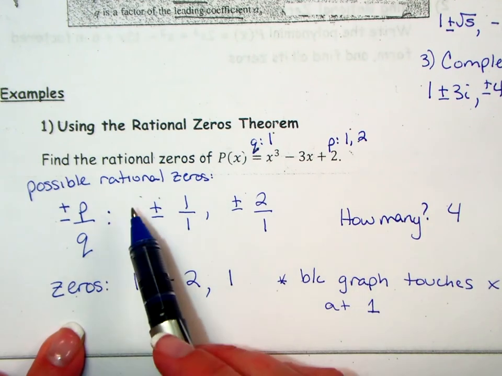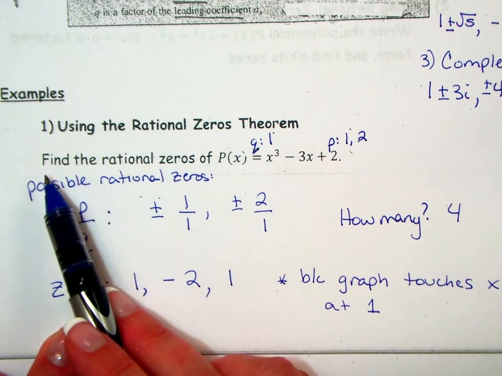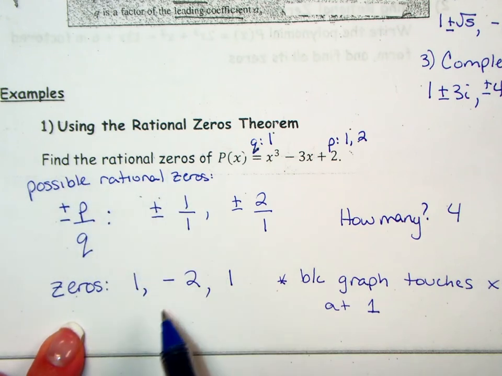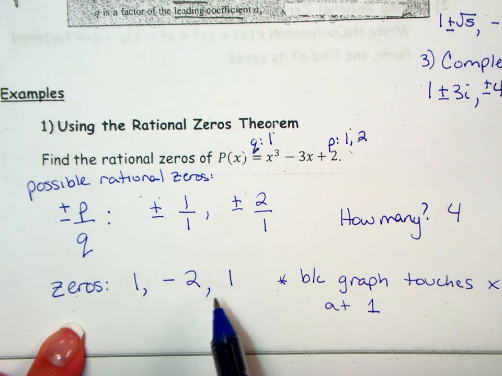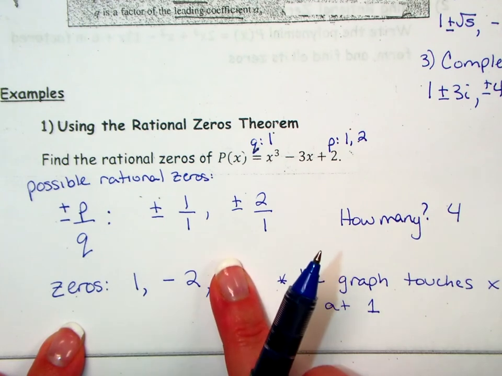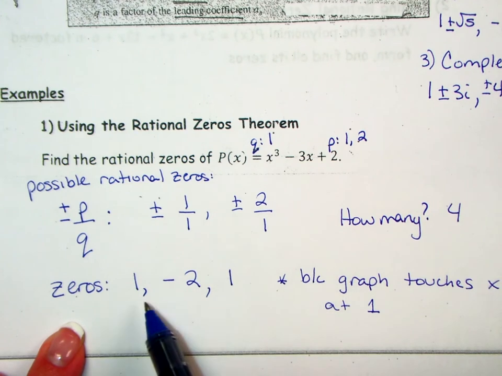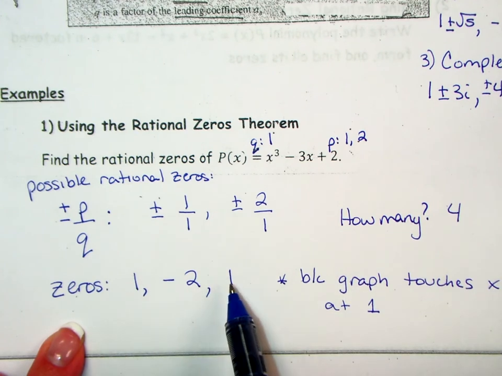The question just said find the rational zeros. Done. But you do probably want to list the multiplicity again. If you put a list of just 1 and -2, the online homework will probably count you wrong. They want to see that you know that 1 is a zero twice, because the graph touches.